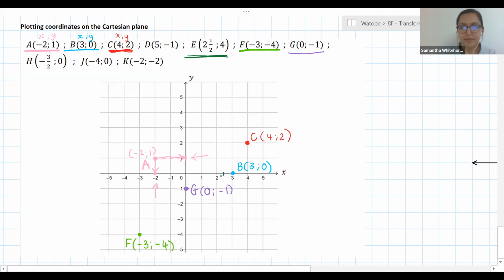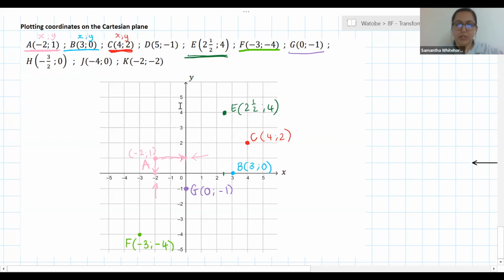And then, ma'am, we go up to 4. Good. And so now where those two lines meet, obviously you'll do it nice and neatly with a straight line and a ruler, we can plot our point E. Good, well done. So there is my point E at 2.5, 4.